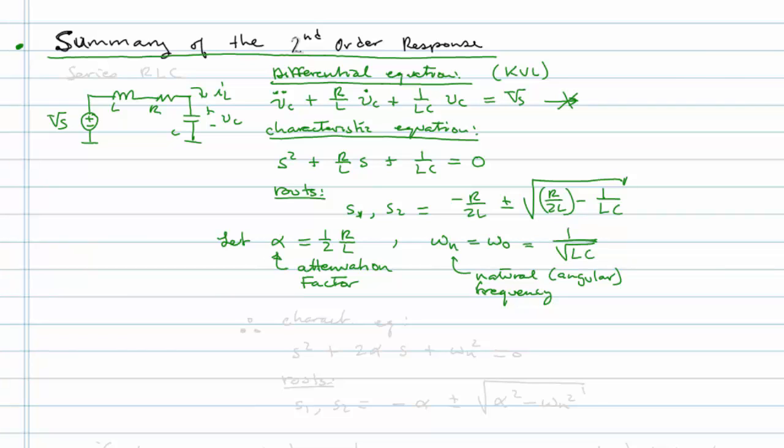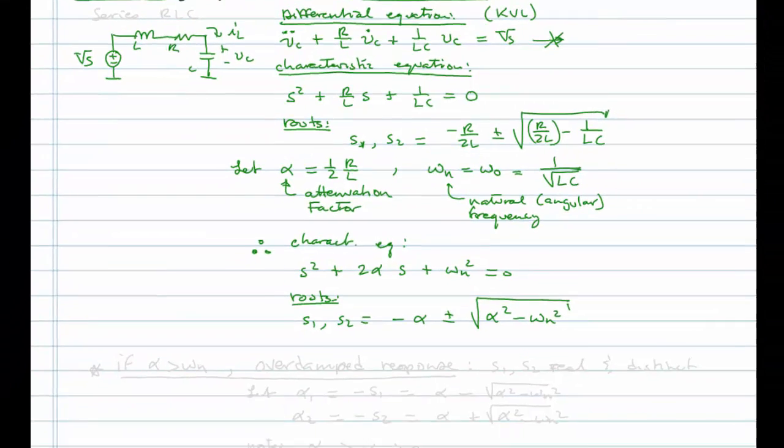Therefore we can rewrite our characteristic equation as S squared plus 2 alpha S plus omega n squared. And the roots become S1 and S2 equal to minus alpha plus or minus the square root of alpha squared minus omega n squared.